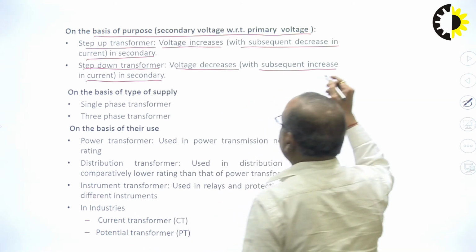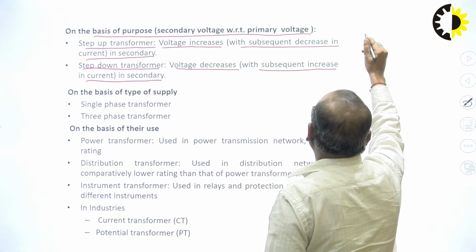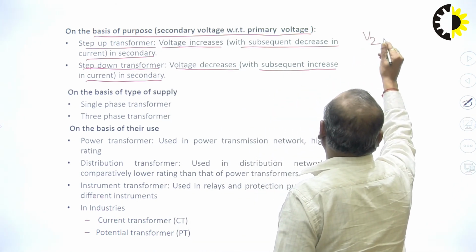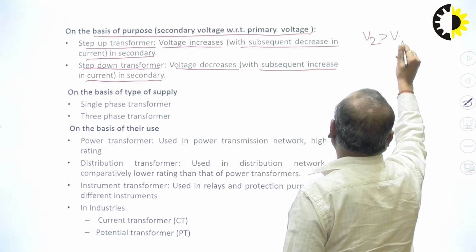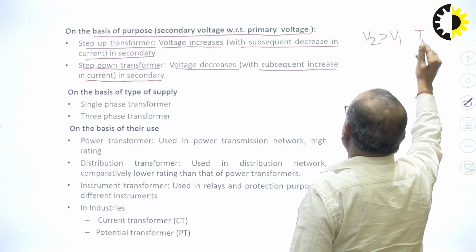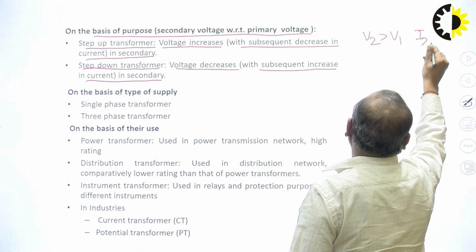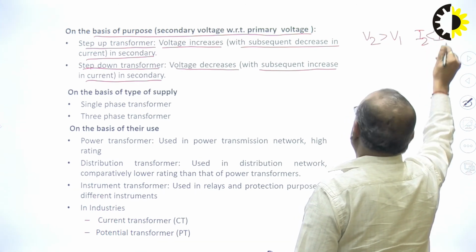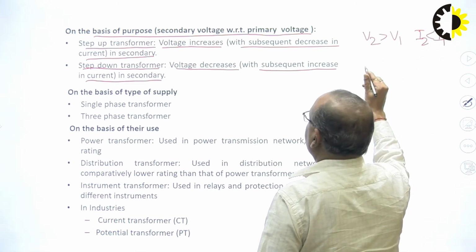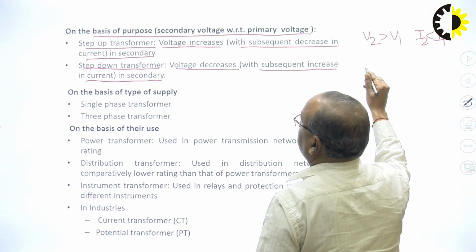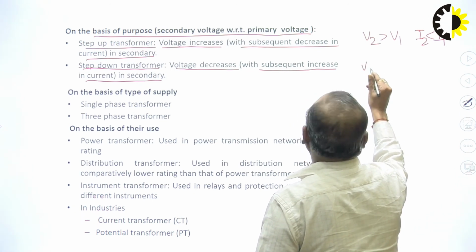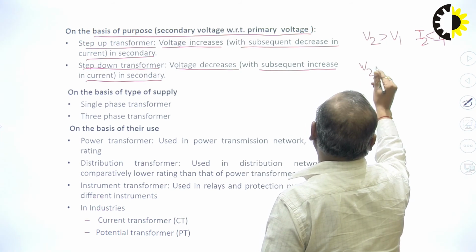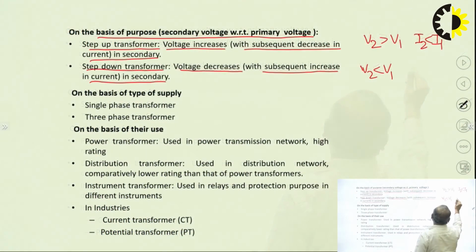Or we can say in step up, V2 is more than V1, while I2 is less than I1, and in step down, V2 is less than V1 since voltage decreases here, but current increases.